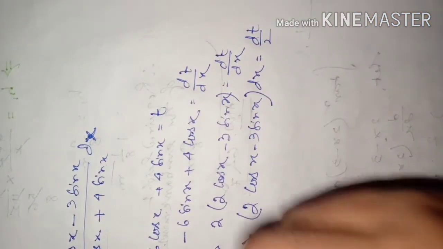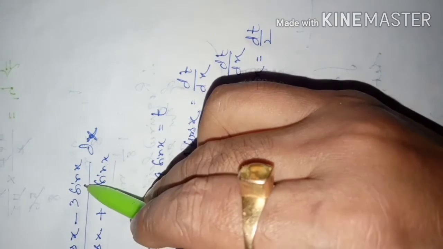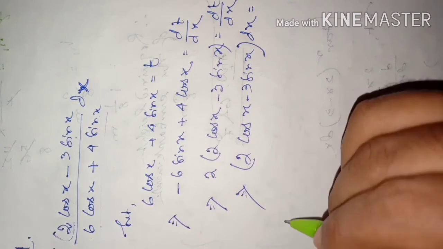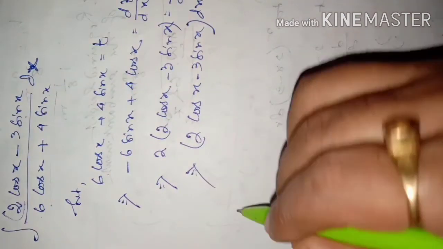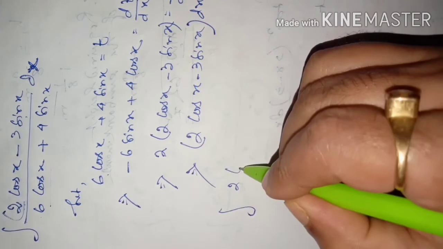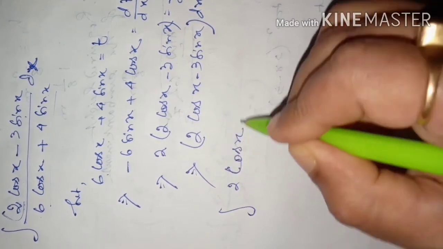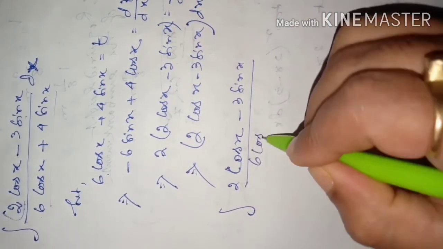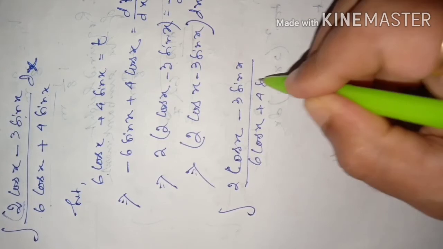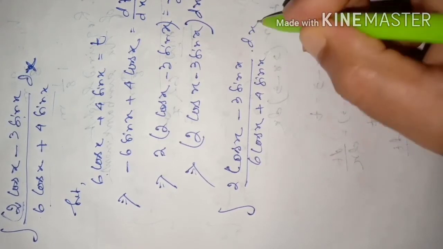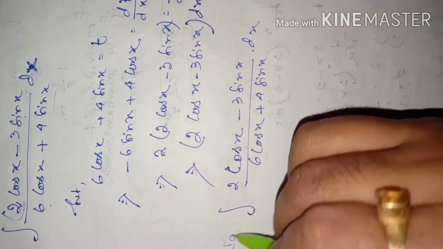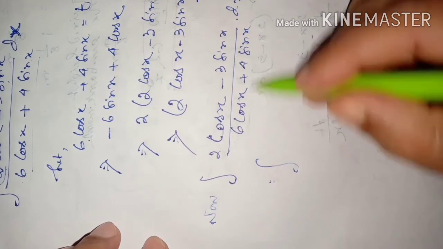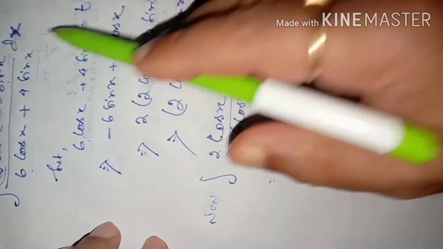So for this 2 cos x minus 3 sin x into dx, we can write it as dt by 2. So our original problem was like this. Now we can do it this way: integration of 2 cos x minus 3 sin x by 6 cos x plus 4 sin x into dx can now be written as dx by this whole thing.